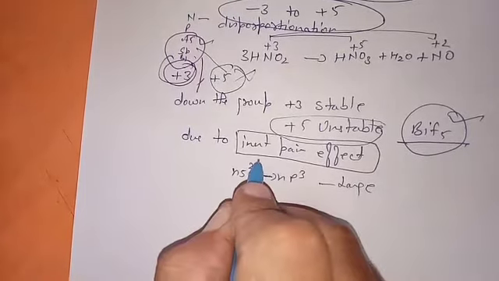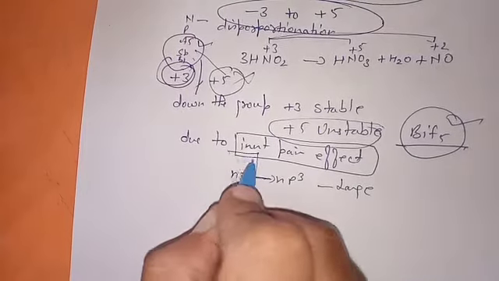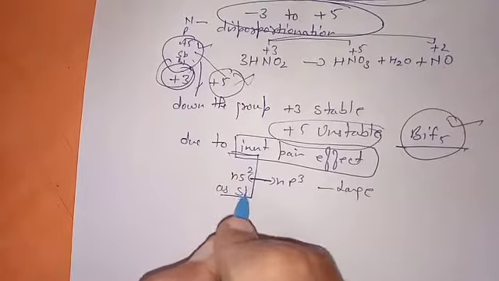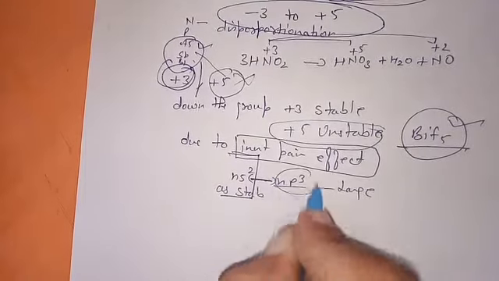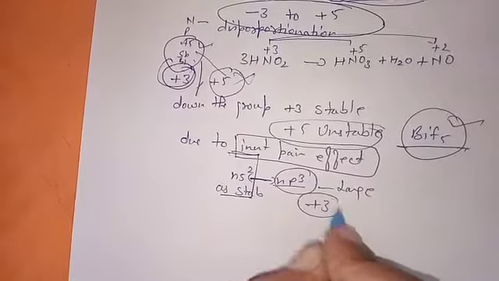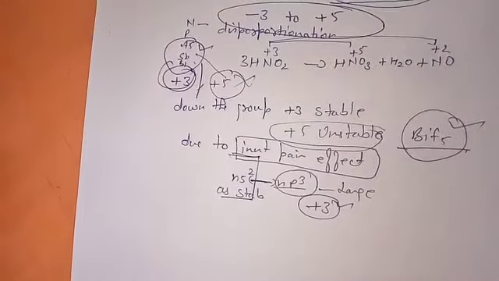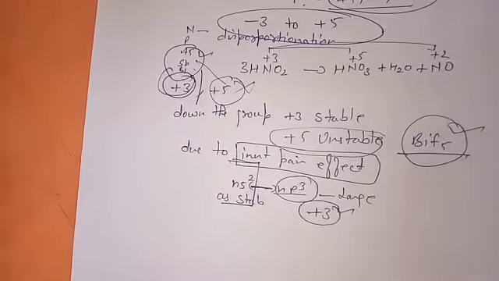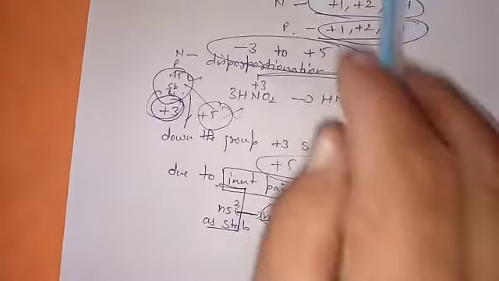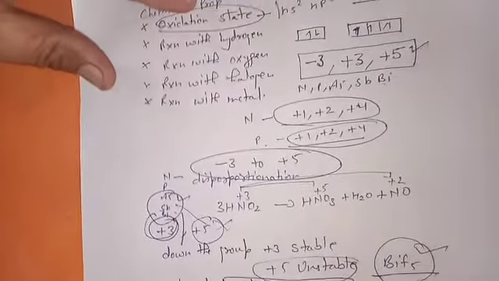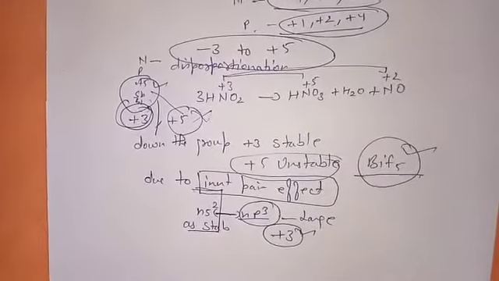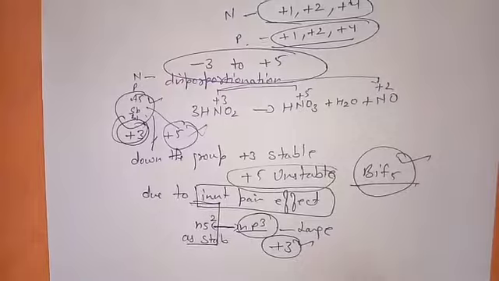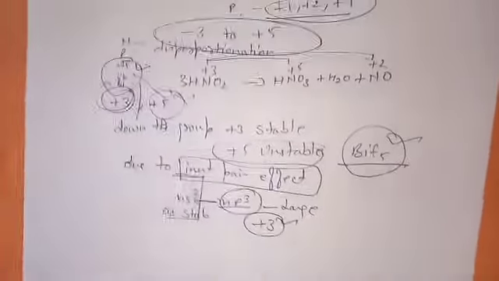That's why filling the ns2 orbital is stable for them. So they are able to lose only these 3 electrons, and hence +3 is stable for them as compared to +5. That much you have to explain in case of the oxidation state: what kind of negative as well as positive oxidation states can be shown, and which are more stable. As we move lower, the lower oxidation state is more stable, meaning +3 is more stable as compared to the higher oxidation state +5.